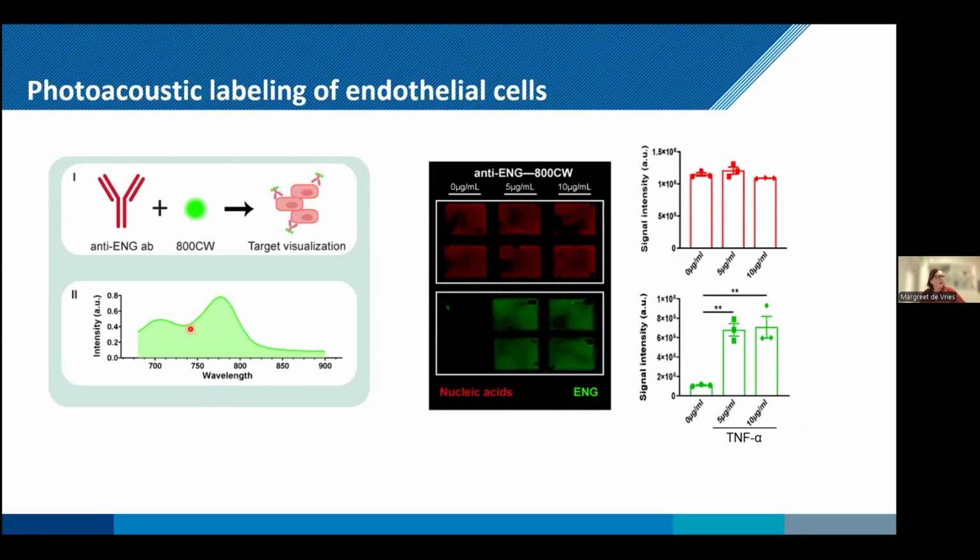In this case, we used fluorescent imaging, because 800CW also has fluorescent properties besides the photoacoustic properties. So using this system, we could indeed confirm that labeling of the 800CW to the anti-endoglin antibodies was successful.